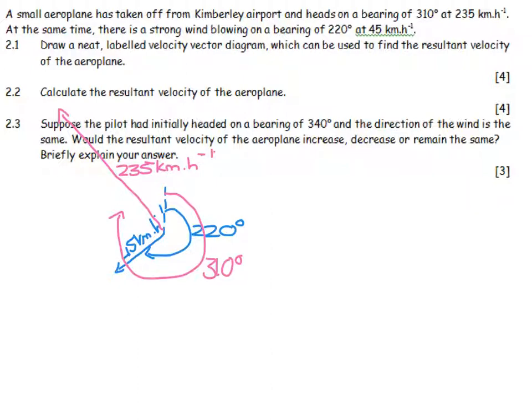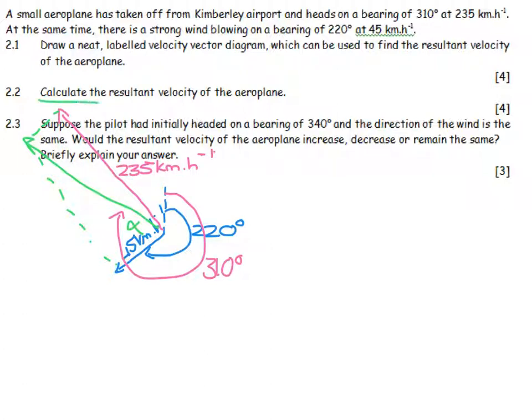Now, how do I find the resultant? I complete the parallelogram of the two things that are happening at the same time, and I draw the diagonal of that parallelogram. I am then able to put a little alpha in over there. So the first part was just to draw that diagram.